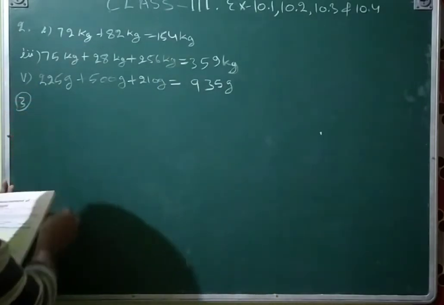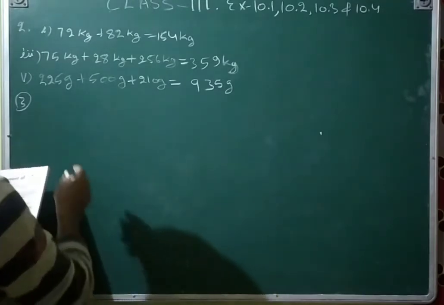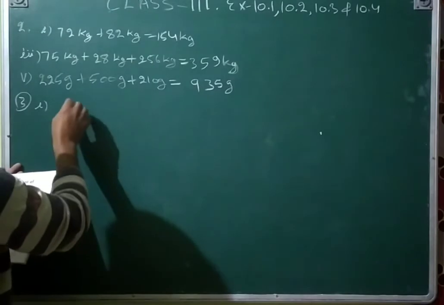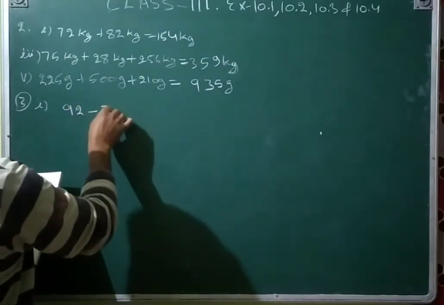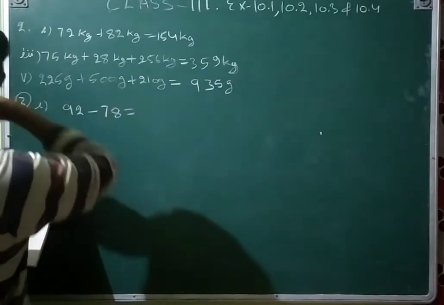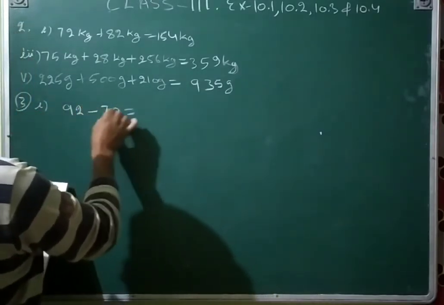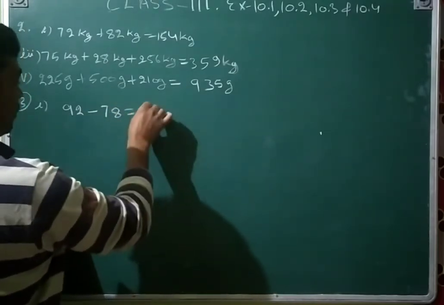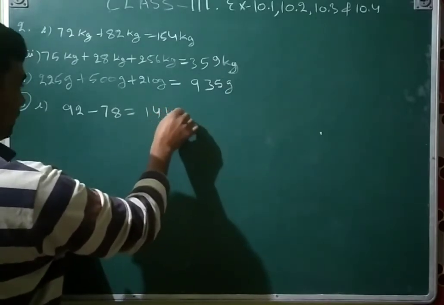Third question, find the difference. Difference means subtraction. First part: 92 minus 78 is equal to, first of all you write the greater number. 12 less 8 is 4, 8 less 7 is 1, that is kg.